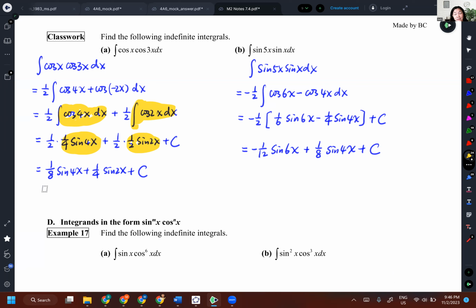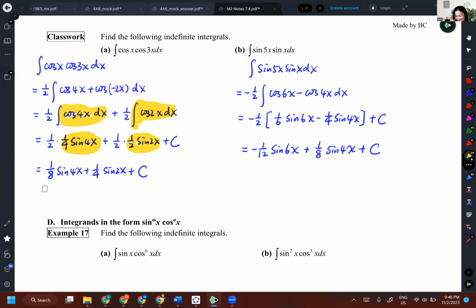Shall we move on then? There's just not much to take away. It's just when you see this type, you use this particular method. It's not like this product to sum can solve so many different problems. This method can solve this problem.